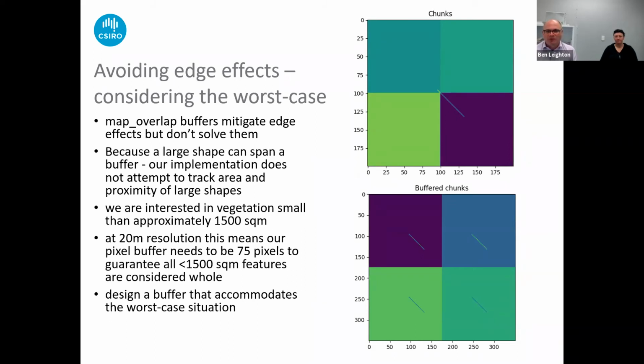We wouldn't want any information there to be lost. So we would need a buffer large enough to consider that worst case scenario. So it's kind of good to think about worst case scenarios in figuring out how to solve your problem, edge cases, if you like. And this is the kind of edge case or case of interest at the edge of our problem space that we were looking at.